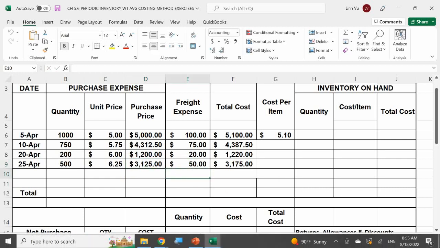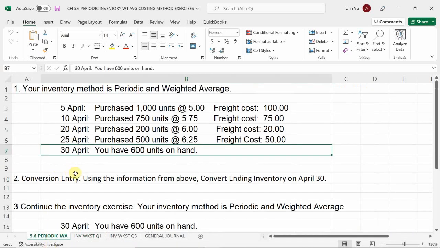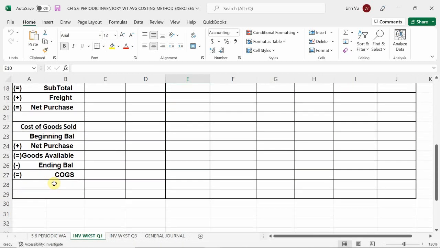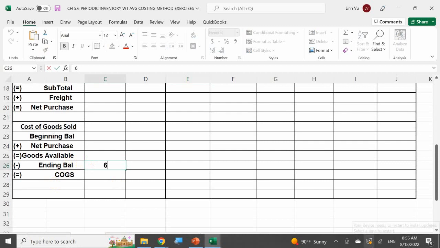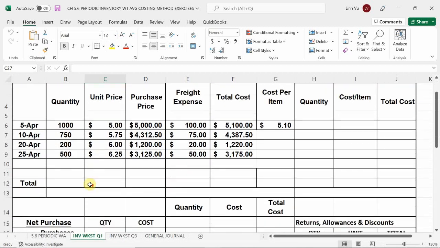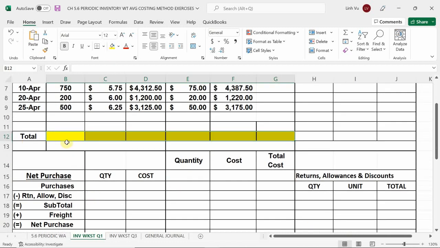Okay? So now I'm given that on April 30th, you have a total of 600 units available. Okay? So I'm going to go ahead and pop that into my ending balance here, that I should have 600 units at the end of this, right? So what I need to do is tally up my totals, because my totals are going to tell me what I need to plug in for my net purchases.